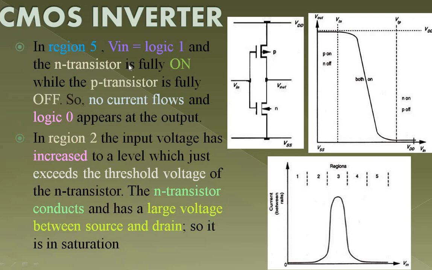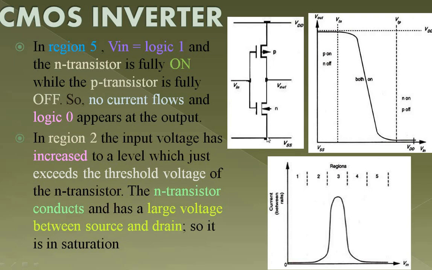So come back to region 5. Vin equal to logic 1 means you are giving 1 as the input, so your NMOS transistor will be on, PMOS transistor will be off. There is no current flow and logic 0 will appear as the output. There is no path between your VDD and the output voltage.